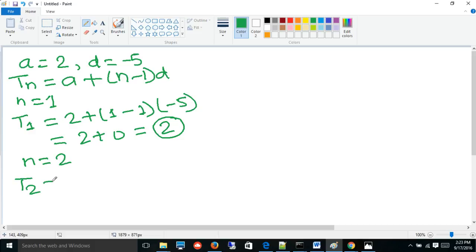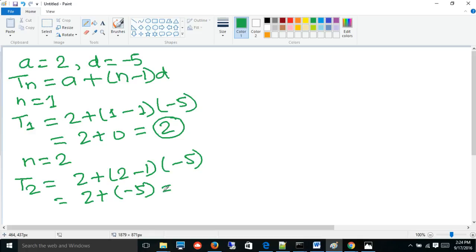So we will get T2, and T2 will be 2 plus 2 minus 1 into minus 5. So we will get 2 plus, here we will get 1 and 1 into minus 5, minus 5. So here we will get 2 minus 5. 2 minus 5 is equal to minus 3. So here we get the value of T2.